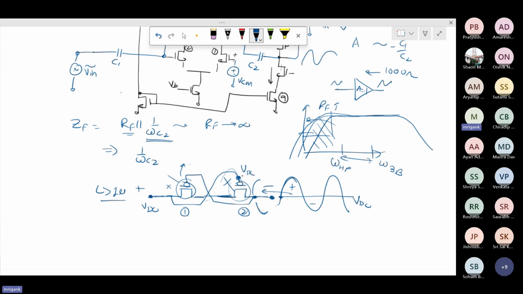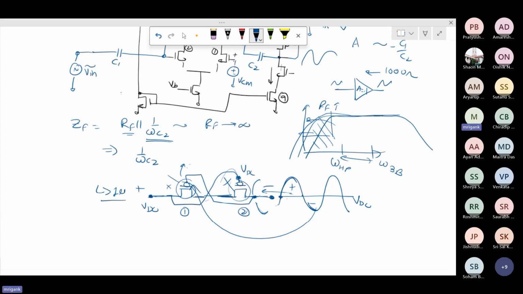Therefore, M2 is going to be turned off strongly. M1 is going to be on because on the M1 side, the signal has gone down. So the signal at M1 is going down, but M2 is off. So in both cycles, one of these transistors remains turned off, and as a result, you get high impedance all throughout.